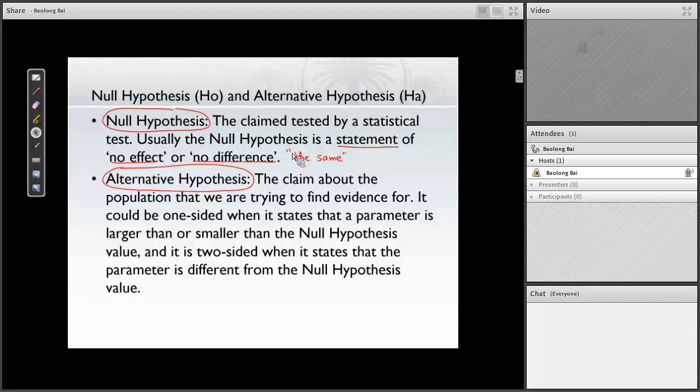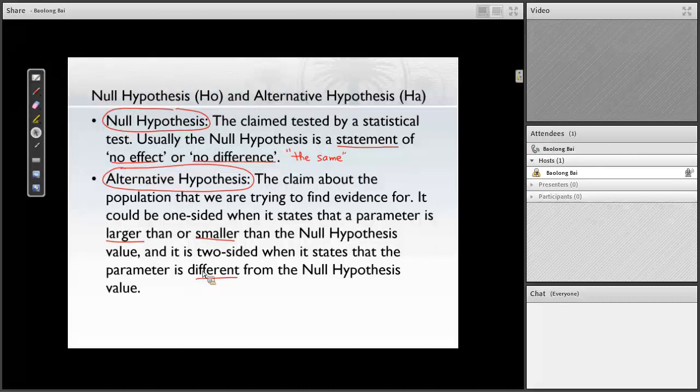And if there is a claim stating something being different, it could be larger, or it could be smaller, or simply just different. So you have 3 different scenarios. Okay? But as long as your claim is talking about the true measures being different, then that's the alternative hypothesis.